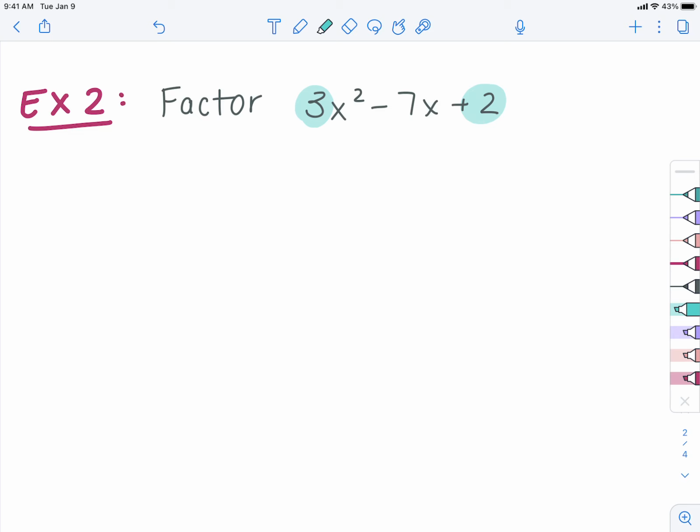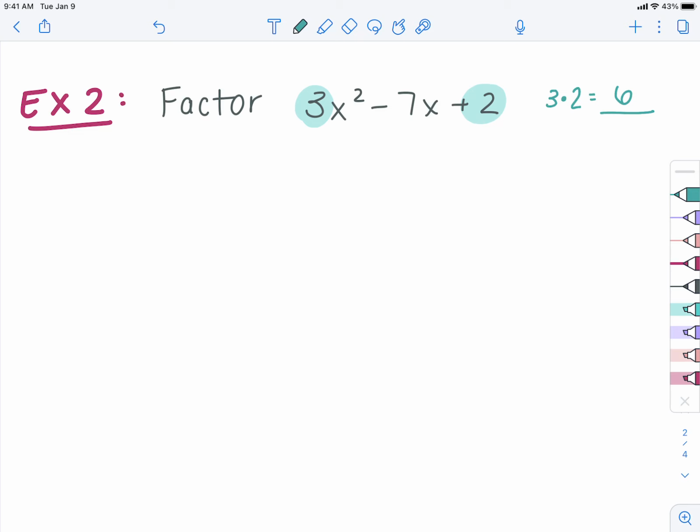So we do 3 times 2. 3 times 2 gives us 6. So now we need numbers that multiply to positive 6 but add to negative 7.